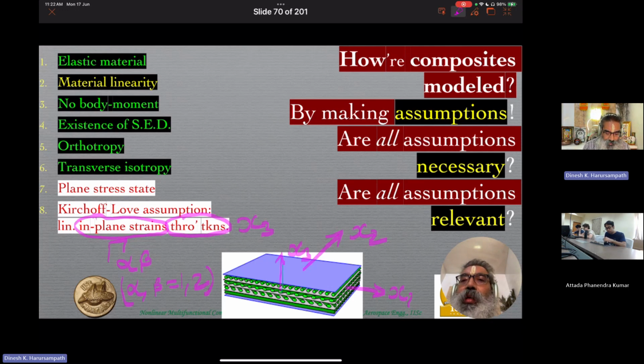So what we are saying here is that gamma alpha beta is linear in x3, which means that we can rewrite gamma alpha beta, which is a function of, remember, x1, x2, x3, and in general time as well, as equal to a constant with respect to x3, which we will call epsilon alpha beta, a function of x1 and x2 only in terms of space.